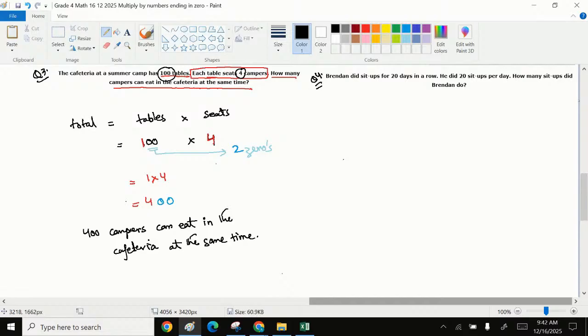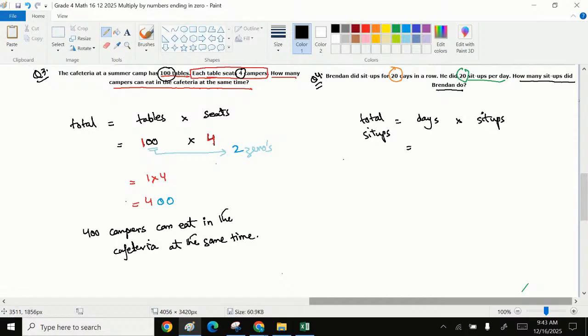So he was working out for 20 days, and every day he did 20 sit-ups. So we need to multiply the number of days by the number of sit-ups he did in one day. The question is asking how many sit-ups did Brendan do? So we can say total sit-ups would be the number of days multiplied by sit-ups.